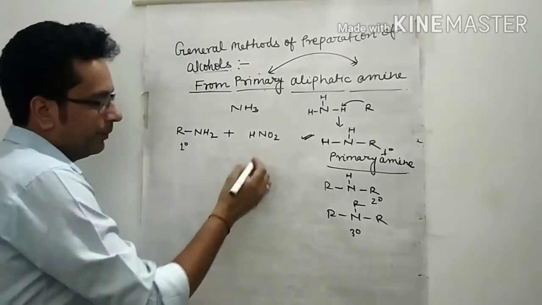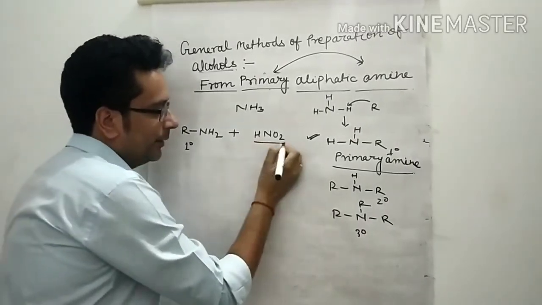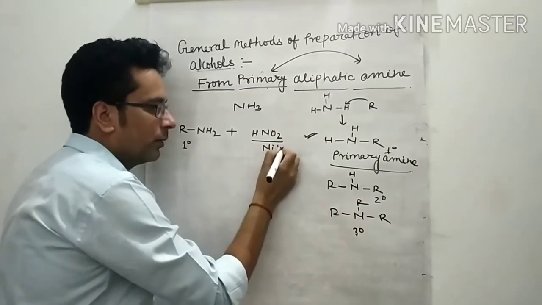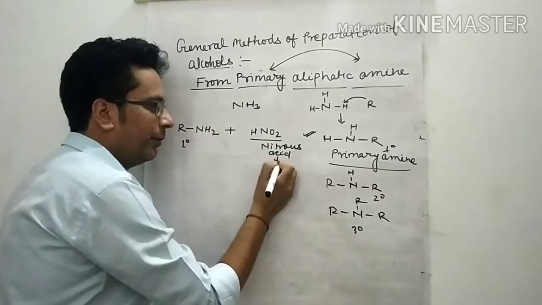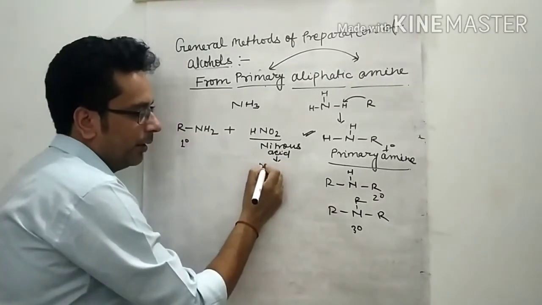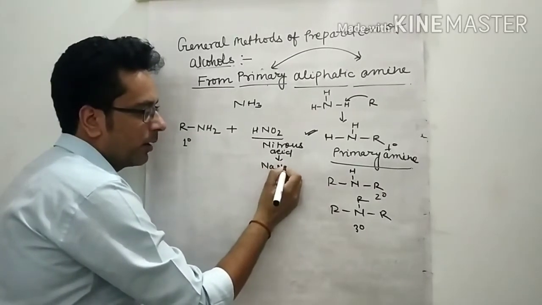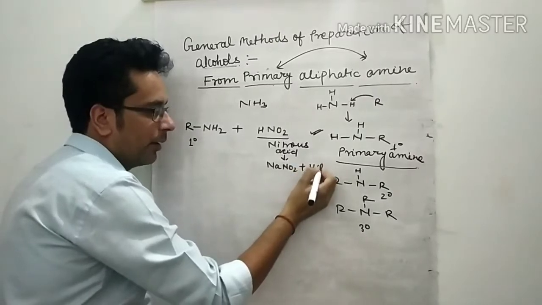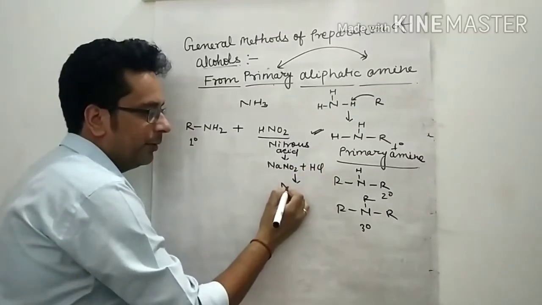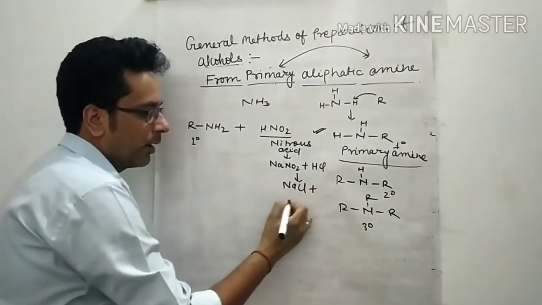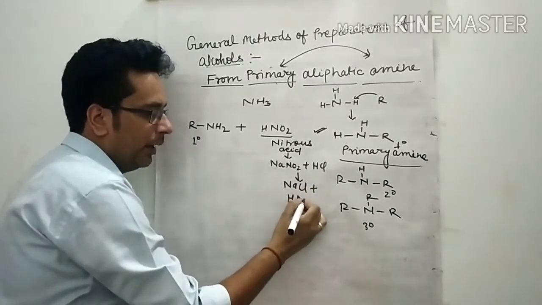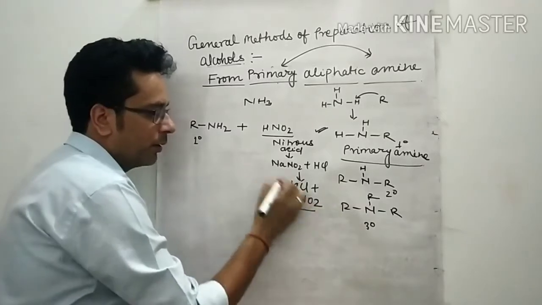How? Look here. Now this nitrous acid is prepared by the reaction of sodium nitrite plus HCl. Then there is formation of NaCl plus HNO2.